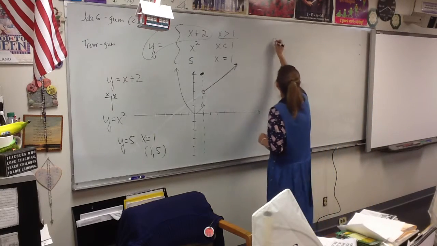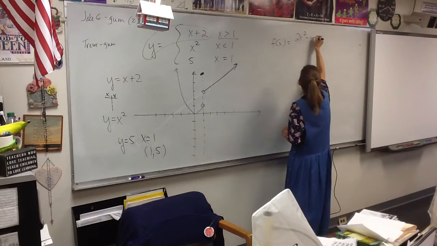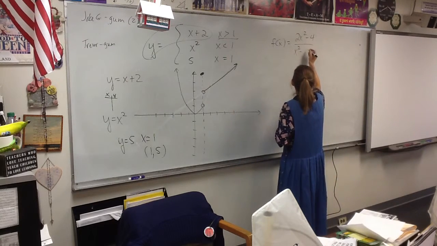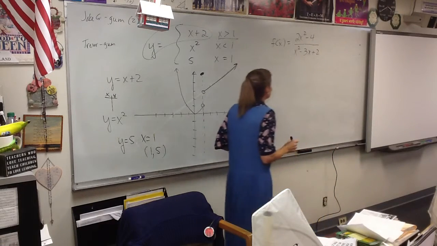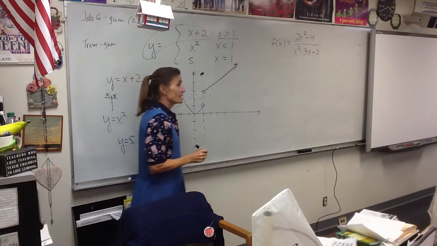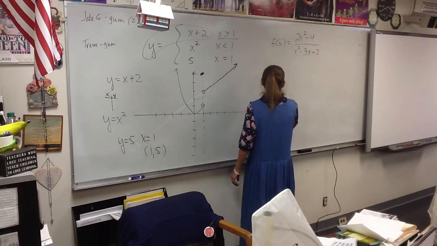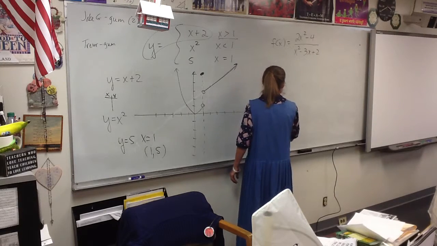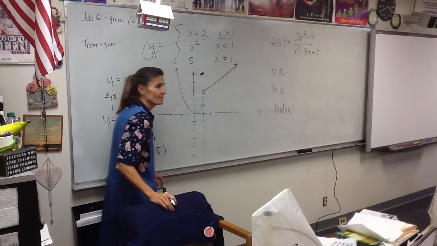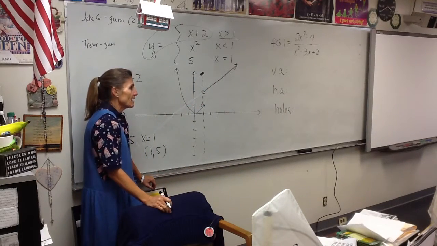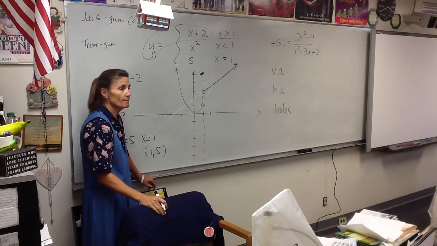Okay. And then the last thing I wanted to just kind of touch base on was this problem. And I want you to give me the vertical asymptote, the horizontal asymptote, and the holes. Okay. Now, before we jump in, before we give any answers, let's stop for a second.